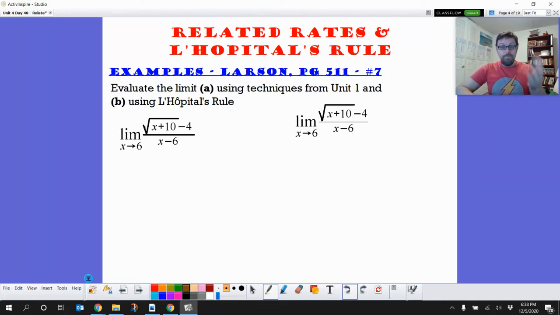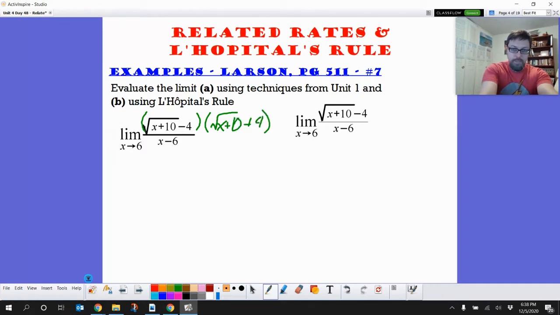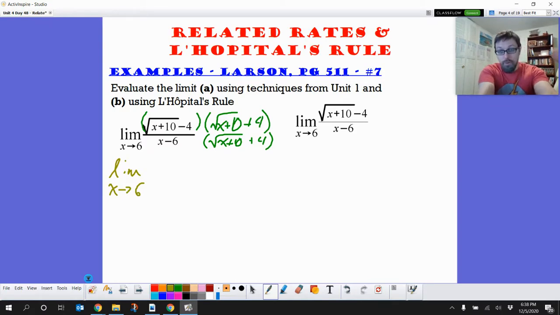Anyway, when we did these back in the day, way back in Unit 1, we needed to rationalize the numerator for this problem. So we multiplied by the square root of x plus 10 plus 4 in the numerator and the denominator. So we ended up with the limit as x approaches 6. We couldn't do direct substitution right away because then we'd have a 0 in the denominator.